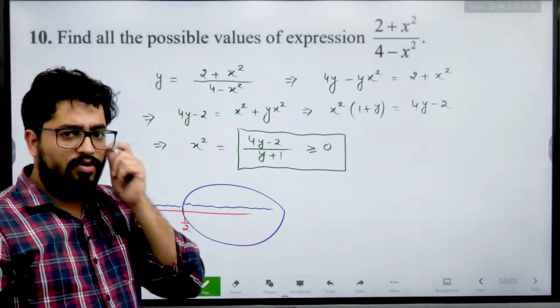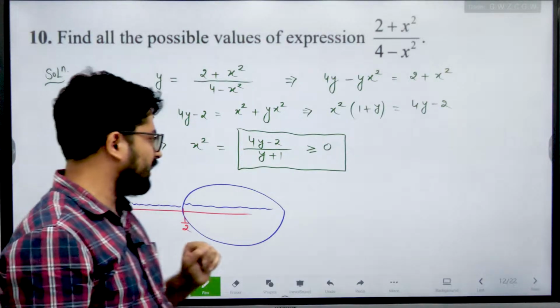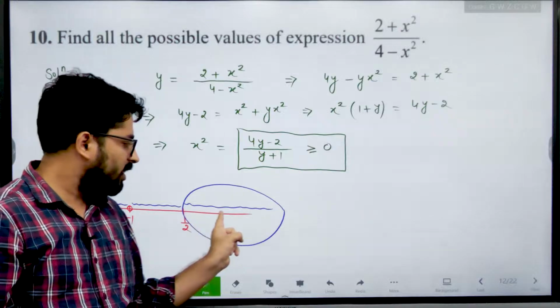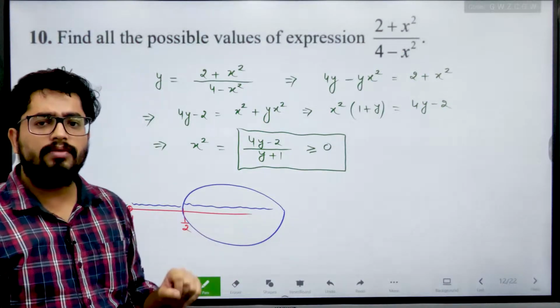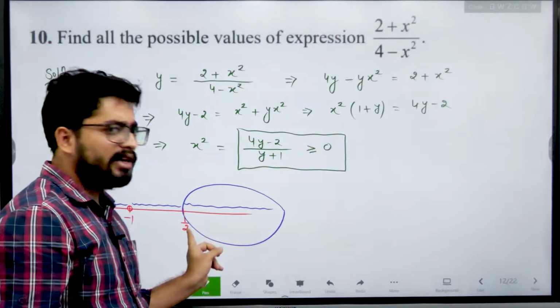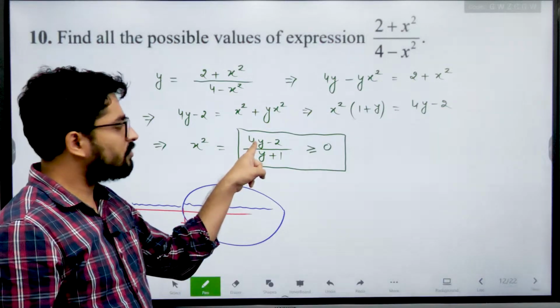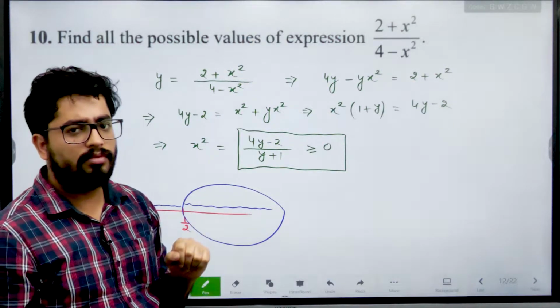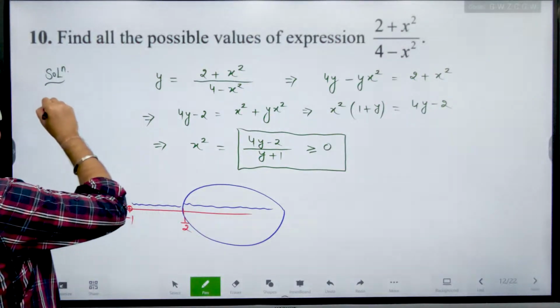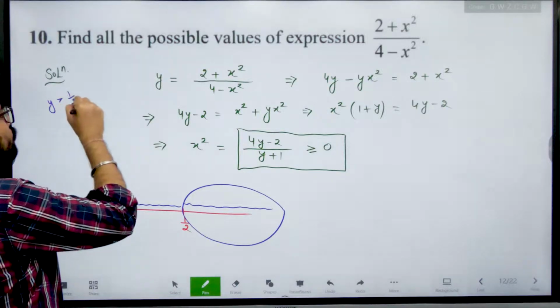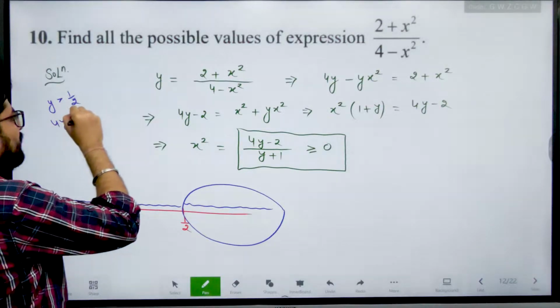If you take any value of y from 1 by 2 to infinity, then every value is greater than 1 by 2. If y is greater than 1 by 2, then 4y is greater than 2.